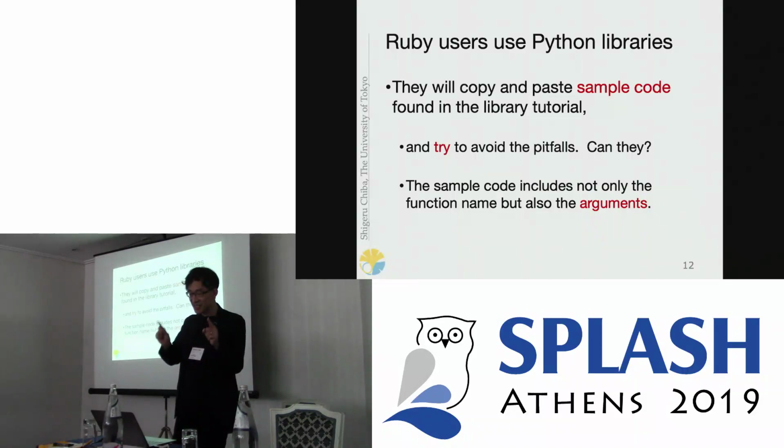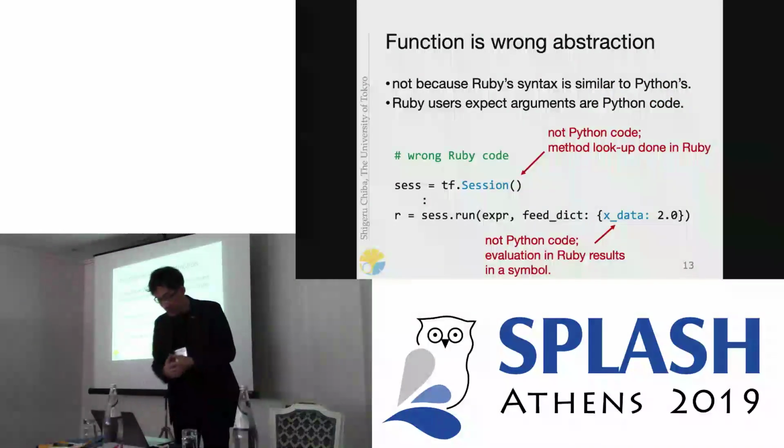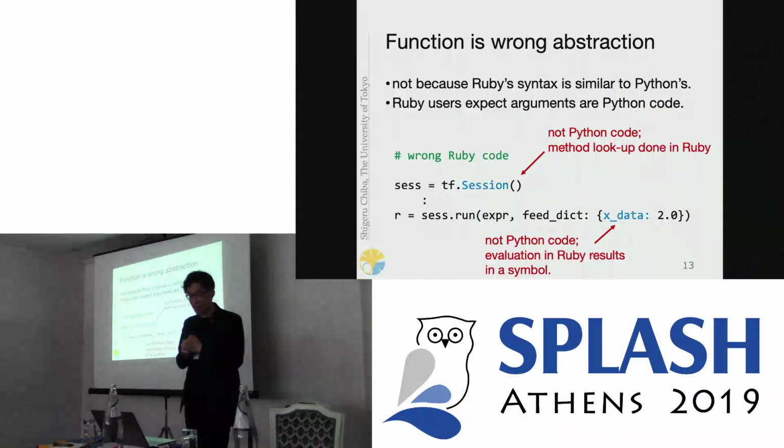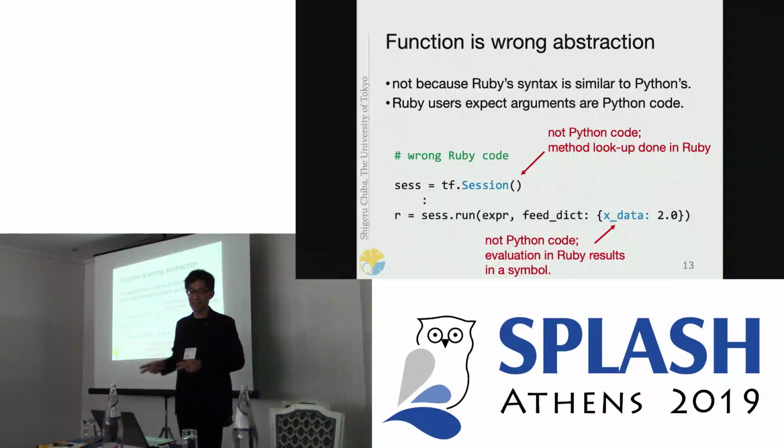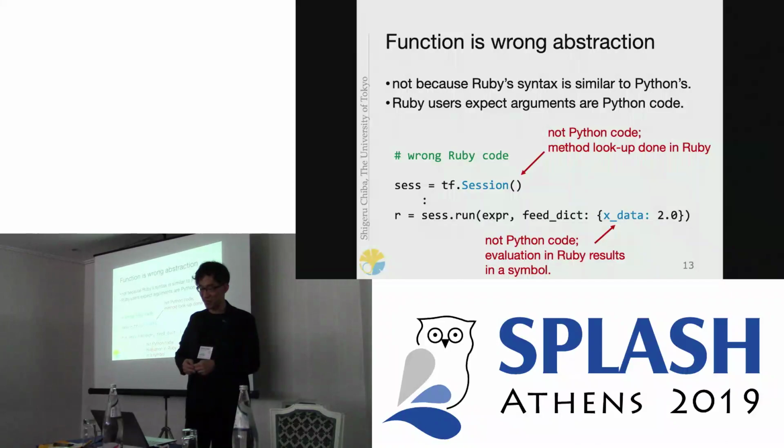So here in Python, the sample code means both the function name and how to construct an argument in shorthand. So my claim is that functions are a sort of wrong abstraction. Well, if you want to borrow C libraries, function call is a perfect abstraction to borrow the libraries in C. But in Python, function call or method call is not enough.